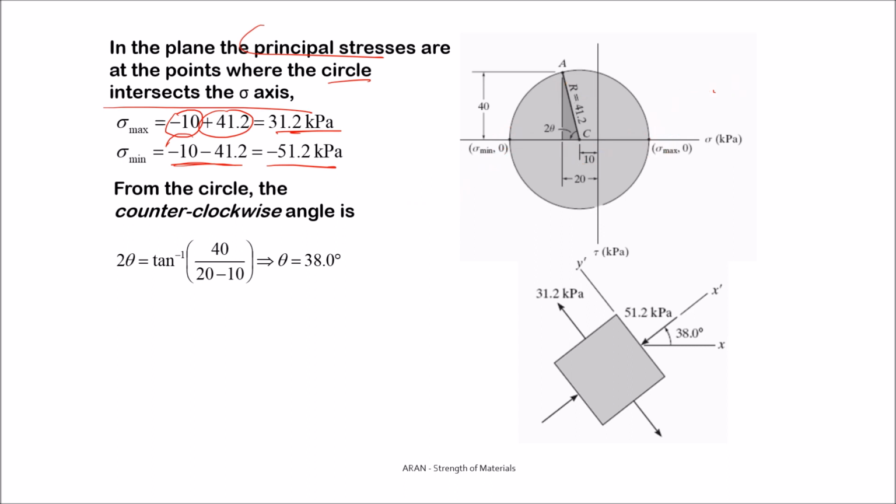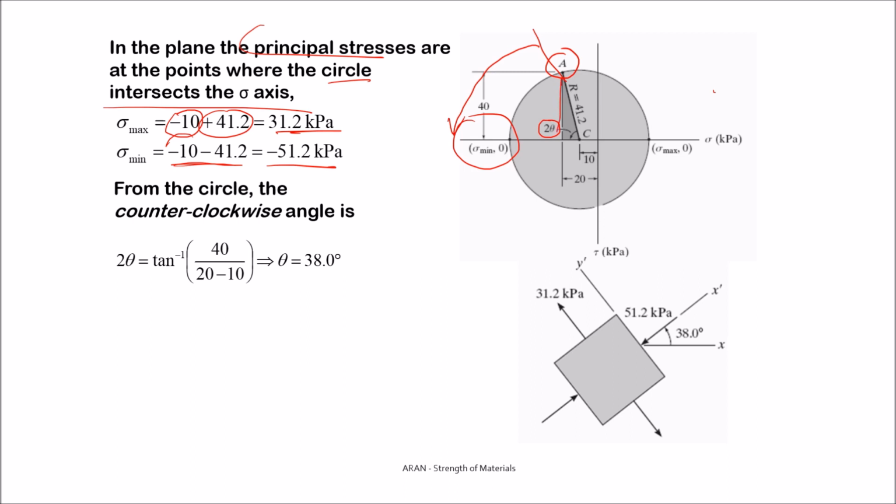The next is to find the angle. Well, that is my reference plane. In order to find this angle, that's the angle from the reference plane to the minimum principal stress plane, what you have to do is to find this 2 theta, you have to build the tangent.